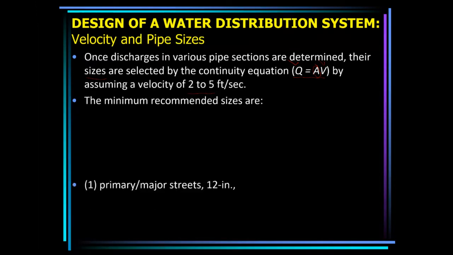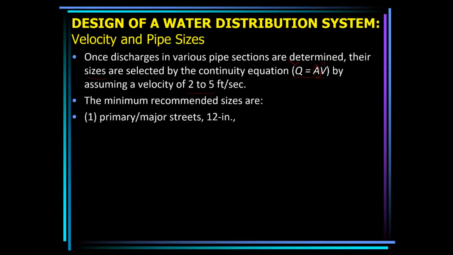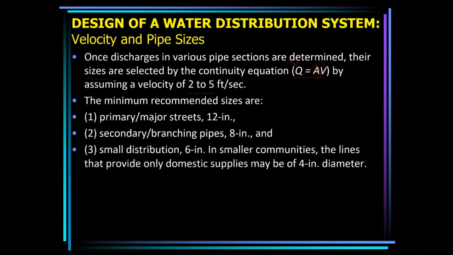Now, the minimum recommended sizes are 12-inch for primary or main pipes, 8-inch for secondary pipes, and 6-inch for small distribution. In smaller communities, the lines that provide only domestic supplies may be of 4-inch diameter.